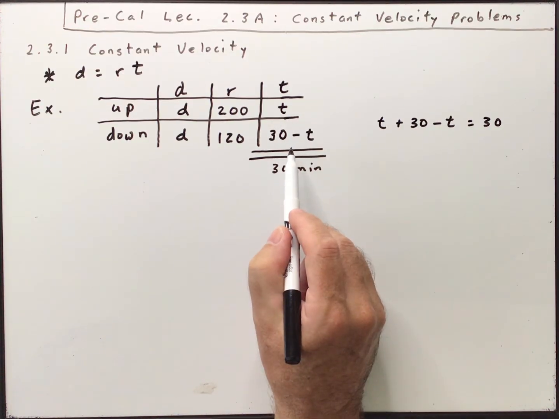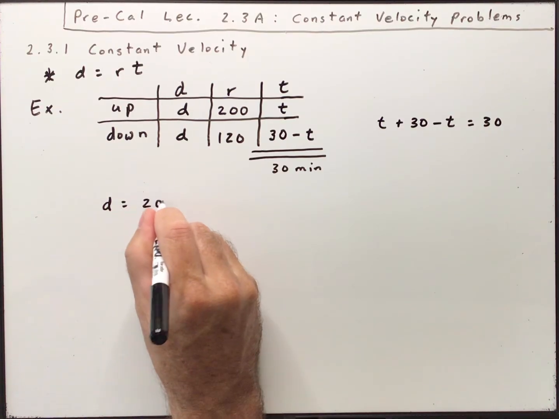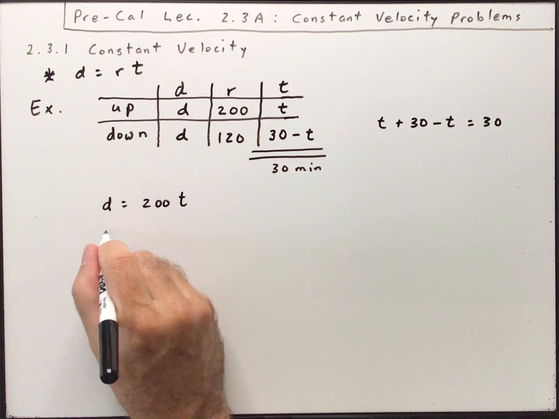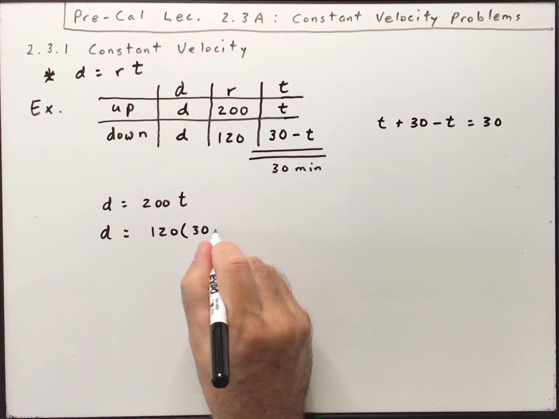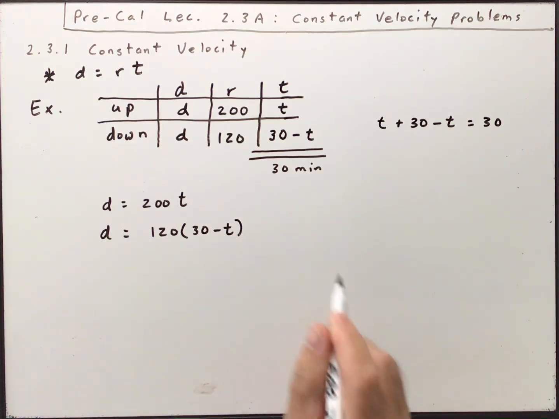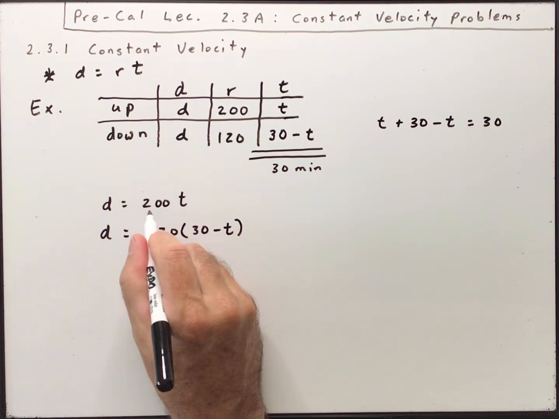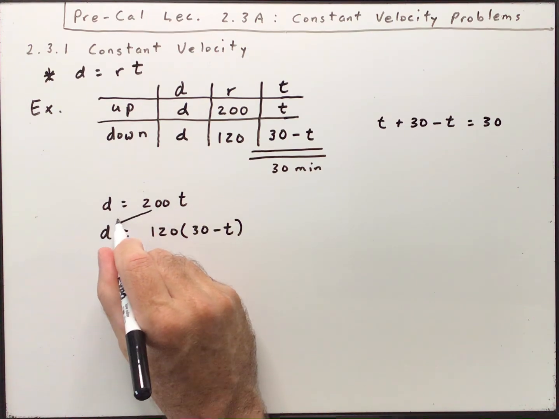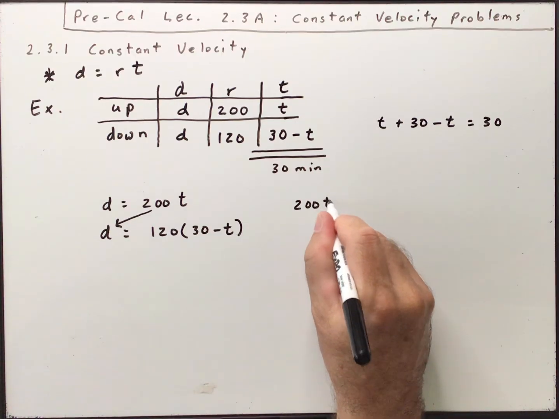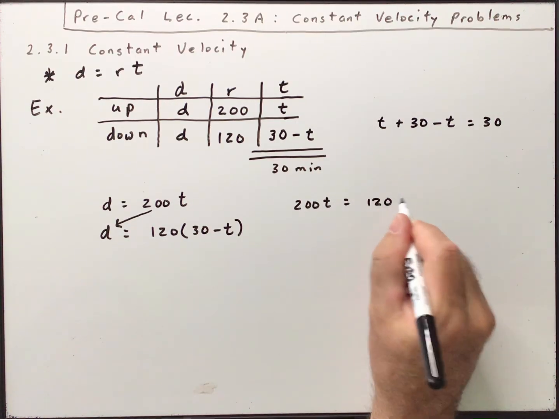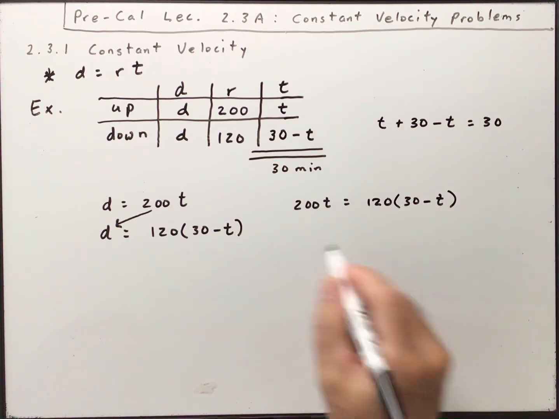So 30 minus t. So now we have two equations. Distance equals 200t, and distance is equal to 120 times 30 minus t. All right, and we can now substitute in 200t for distance. So I would have 200t is equal to 120 times 30 minus t.